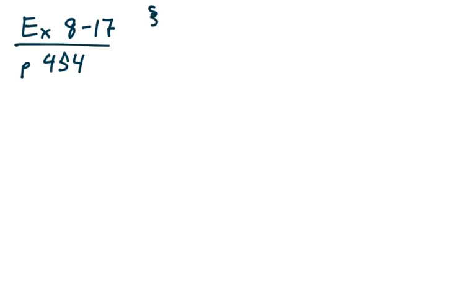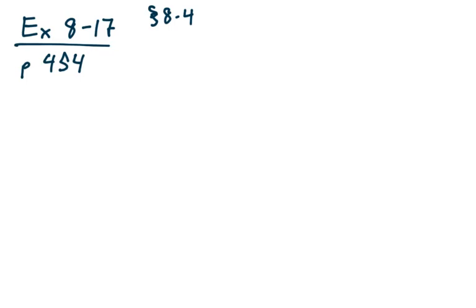Let's see, minute 7:50. Let's begin a quick example. This will be the first example from Chapter 8, Section 4. This is Example 8-17, on page 454. Let's read and see what's going on here.